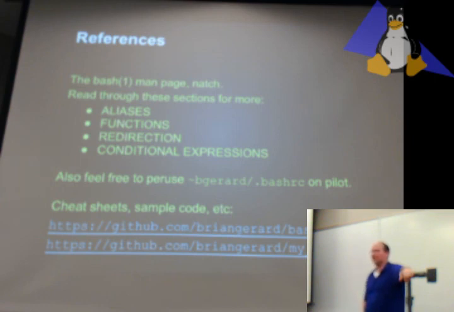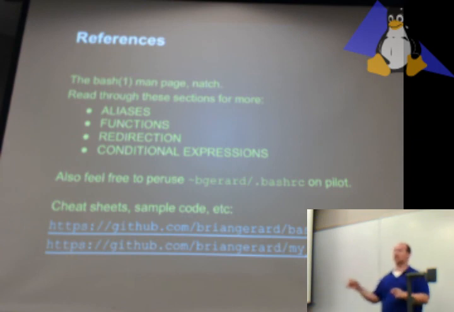So the point was, if you alias something to a string that ends in a space, when it expands that alias, it will treat whatever else you put on as if it were an alias. It'll try to expand it like an alias as well. So if you do foo space bar, and foo is an alias to something that ends in a space, it will also try to expand bar as well. That's interesting.